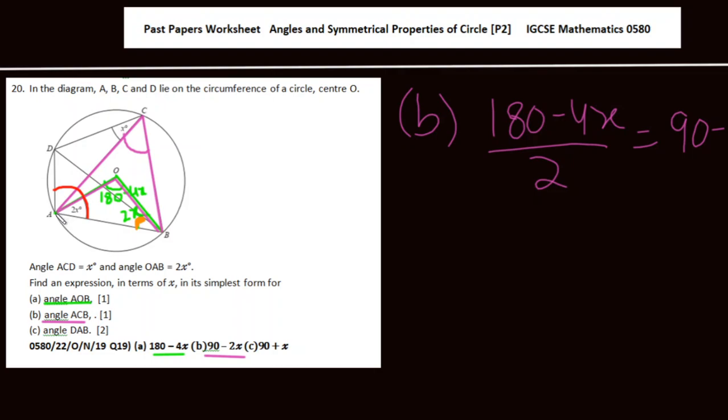Why is that? Because this angle is being formed from the starting points A and D on the circumference of the circle, and another angle is being formed from starting points A and D on the circumference of the circle. That's this angle. So if this is x, then this also has to be x. So this orange angle here is x.